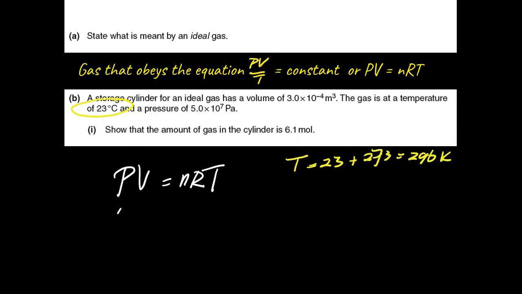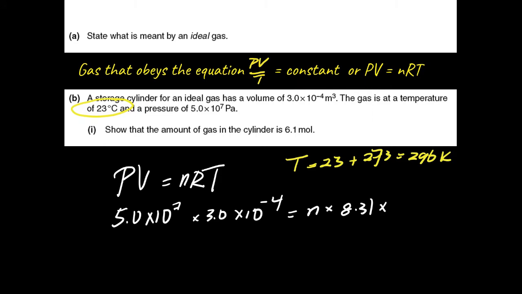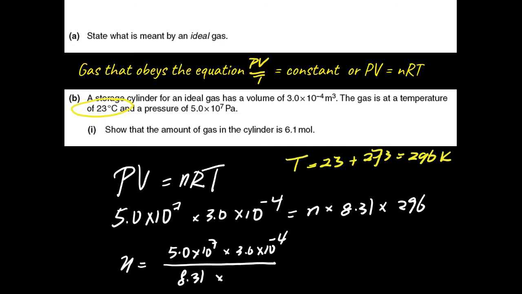The pressure is 5 times 10 to 7, times the volume 3 times 10 to minus 4, equals n times the universal gas constant 8.31 times the temperature in Kelvin, 296. And n equals 5 times 10 to 7 times 3 times 10 to minus 4 divided by 8.31 times 296. That gives us 6.1 mole.